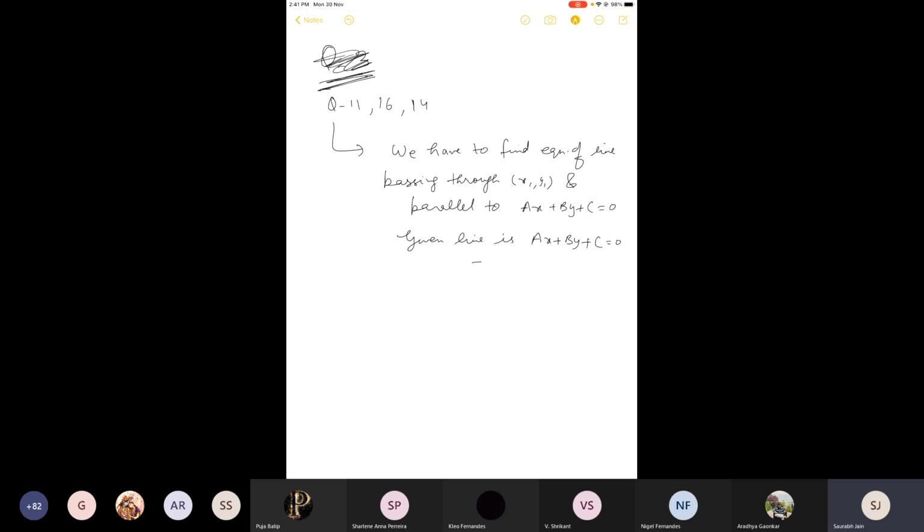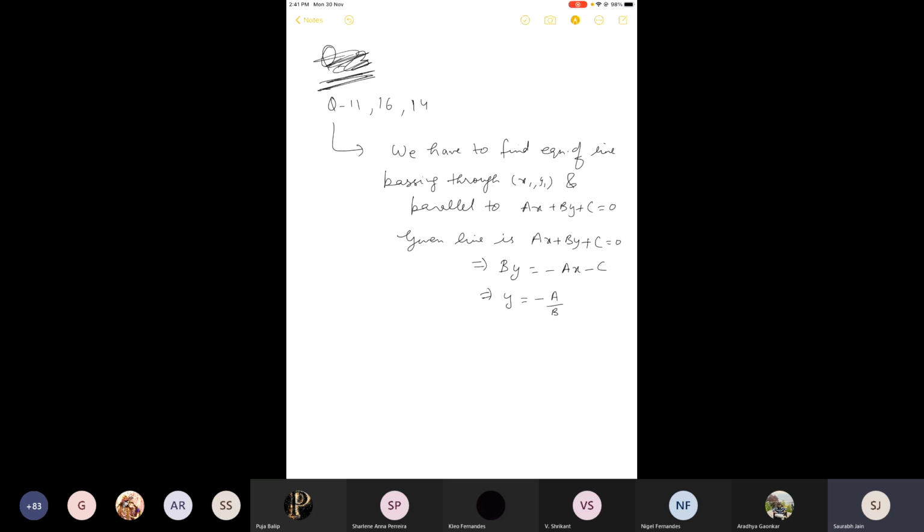Let us find its slope, and we can find its slope by changing it in slope intercept form. I told you that if you have to change a general form in a slope intercept form, then you will keep y to the left side and all the other terms on the right hand side.